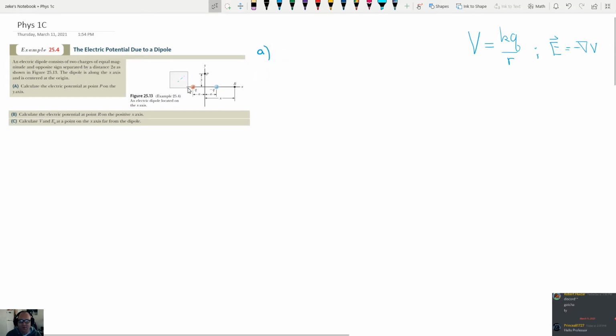So the electric potential is going to be equal to k times the positive charge Q, divided by the distance between Q and P. The distances given on the picture are a and y. So with the Pythagorean theorem, the distance between Q and P is just the square root of a squared plus y squared.